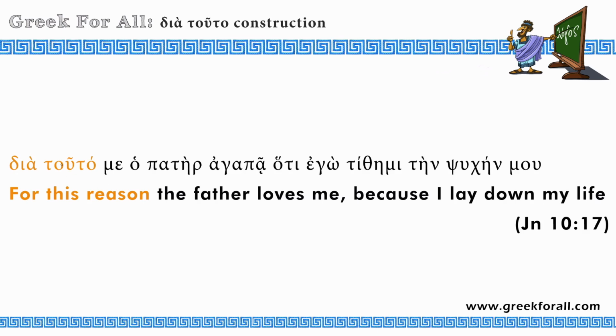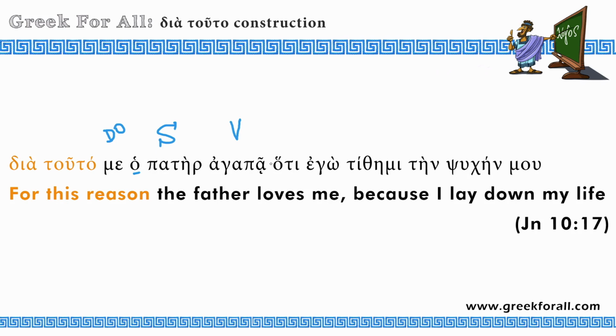So our phrase dia touto, for this reason, and then we continue. Ho pater is our subject because it stands in the nominative case. Agapa is our verb, loves. And me is our direct object because it stands in the accusative case. So for this reason, the Father loves me.